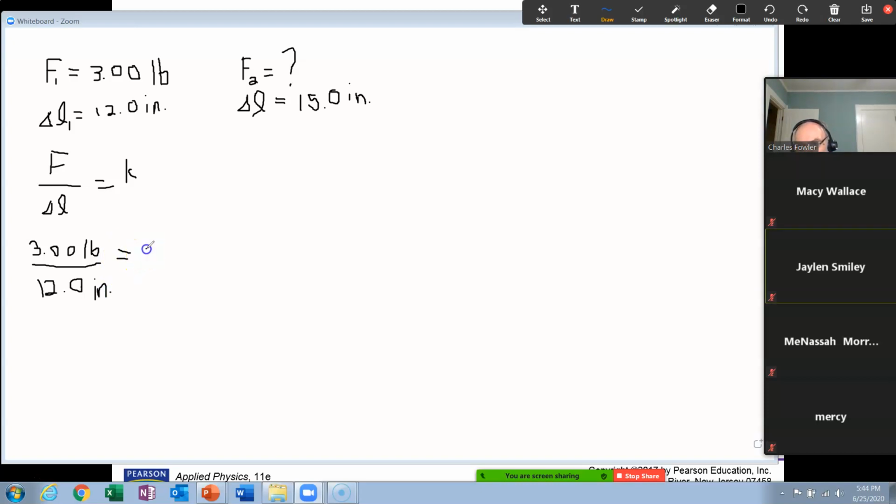So that's going to be 0.250. That's your K. This is pounds per inch, which is force per length. It's pretty ugly. Pounds per inch, and that's your Hooke's law constant. That's equal to your K.